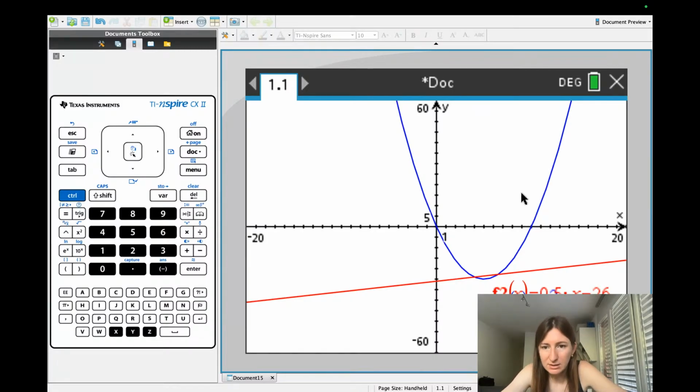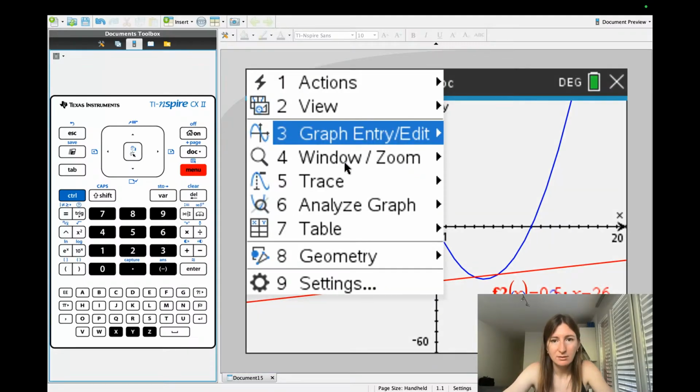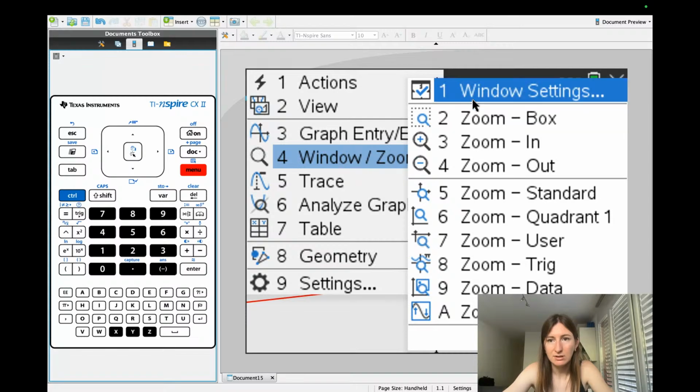Actually, let me make this a little bit smaller. I'm going to take between minus 10 and 15, and between 6 and minus 30. I want it a little more zoomed in just so I can see what those x coordinates are.